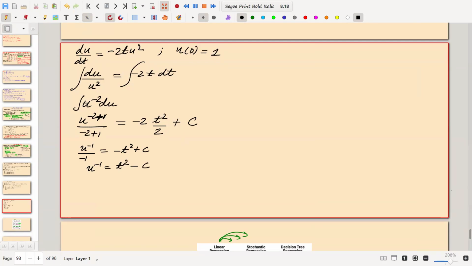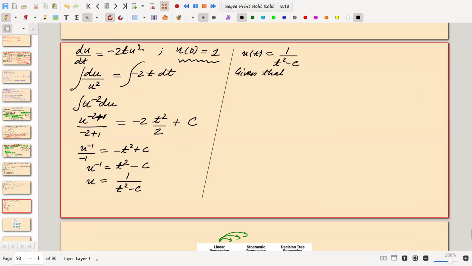So what it means? u equal to 1 by t square minus c. So u of t is this. Now u of t we got analytically is 1 by t square minus c, and given that u of 0 equals 1, u of 0 equals 1 by 0 square minus c equals 1.